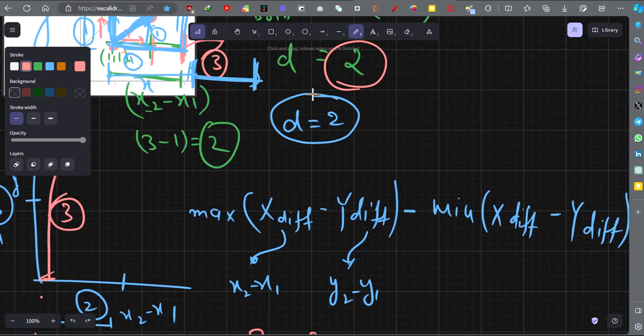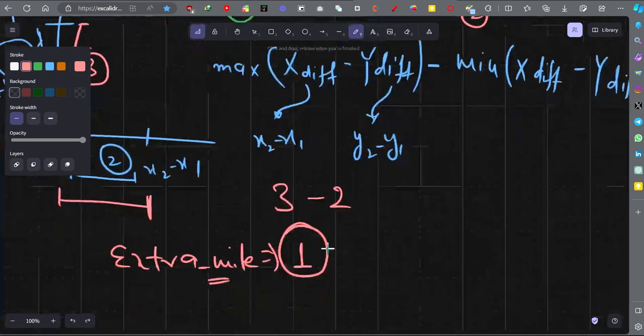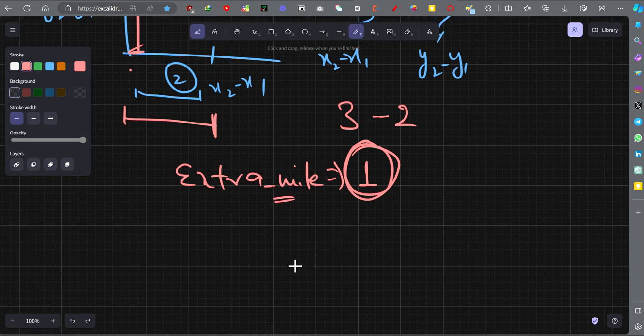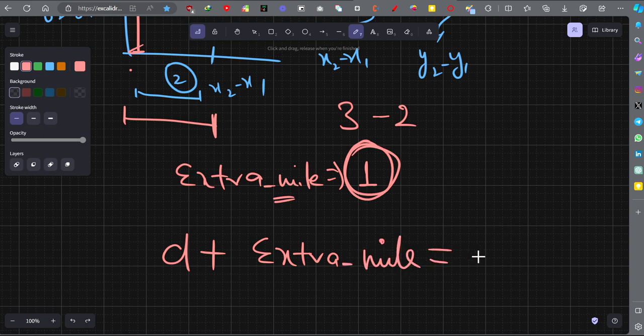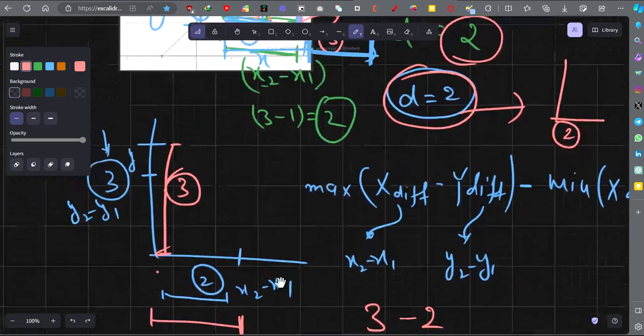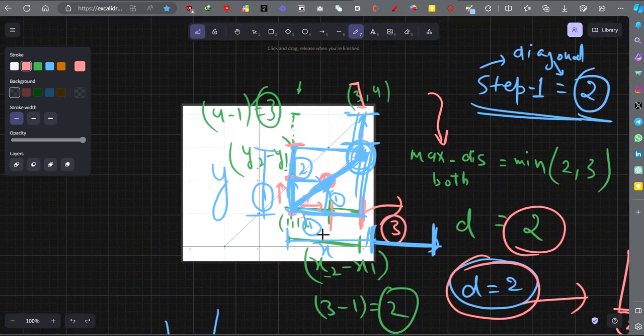So the distance d, the maximum allowed in either x or y, was 2, and the extra mile is 1. If you add both of these, that distance d plus this extra mile will give you the right answer. I hope the approach is clear to you.